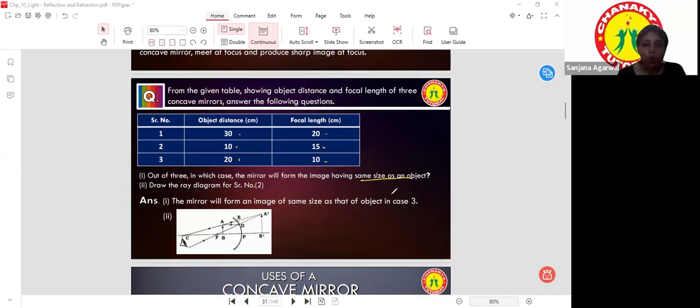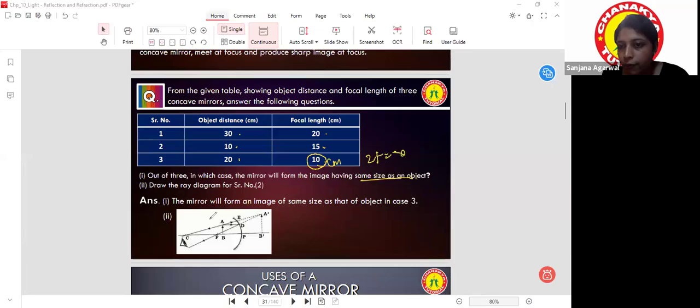So in order to obtain the image of the same size, we need to keep our object exactly at twice the focal length, or at the center of curvature. If the focal length of a mirror is 10 centimeter, twice the focal length is 20. And if the object is kept at 20, we'll definitely get an image of the same size.